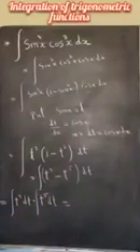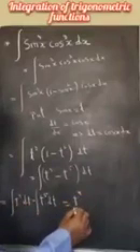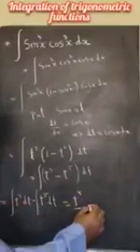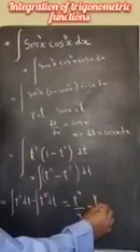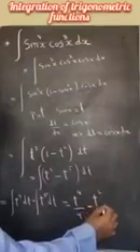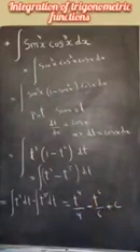Now we know that integration of t cube is t raised to power 4 divided by 4 minus integration of t raised to power 5 is t raised to power 6 divided by 6 plus constant of integration c.